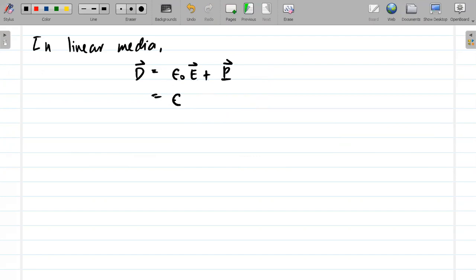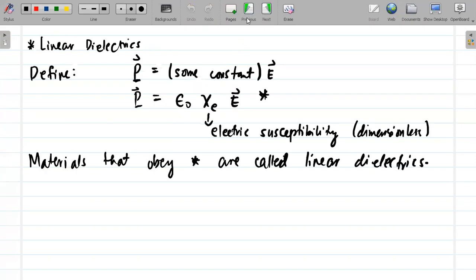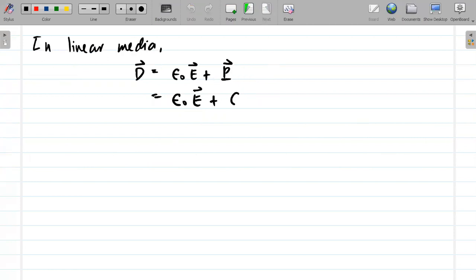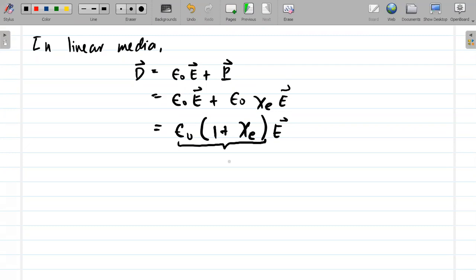Now, this is given by epsilon naught E plus, ano yung P natin? Epsilon naught chi E times E. So, factor out natin yung E. That is epsilon naught times (1 plus chi E) times E. Now, this whole term, we define this as the epsilon, or the permittivity of the material.